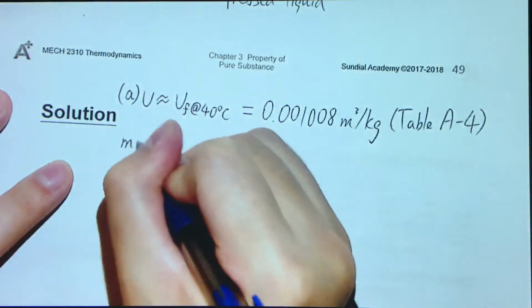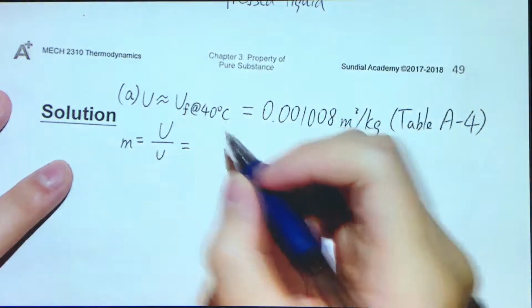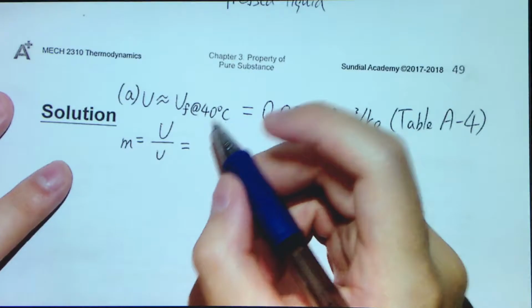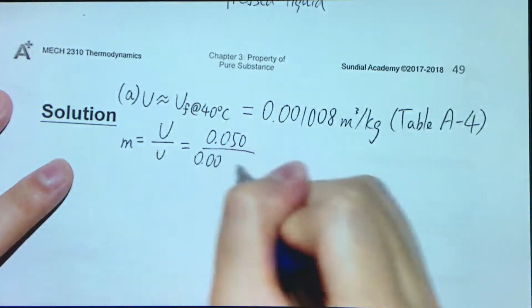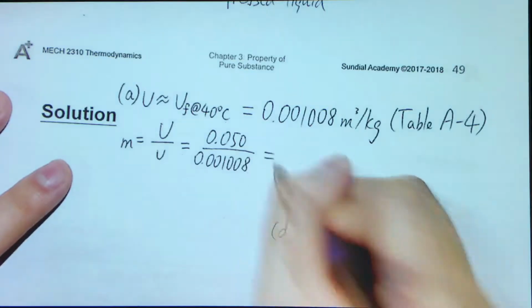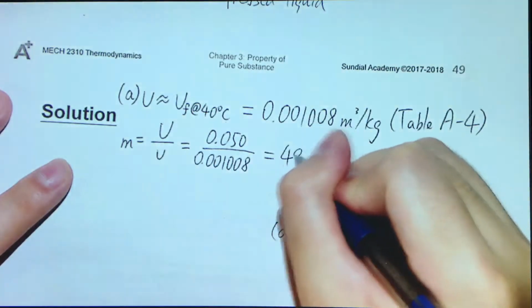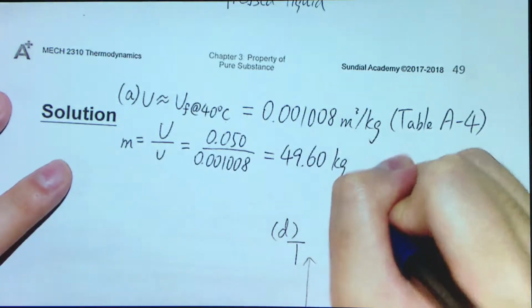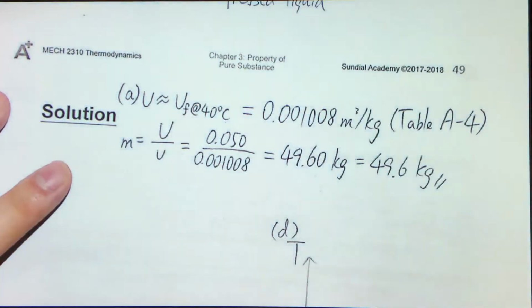The mass is equal to big V divided by small v. The big V is 50 liters. If you change to meter cubed, it will be 0.050 divided by 0.001008, the specific volume. Finally, you will find it equals 49.60 kg, or 49.6. So this is our part A.